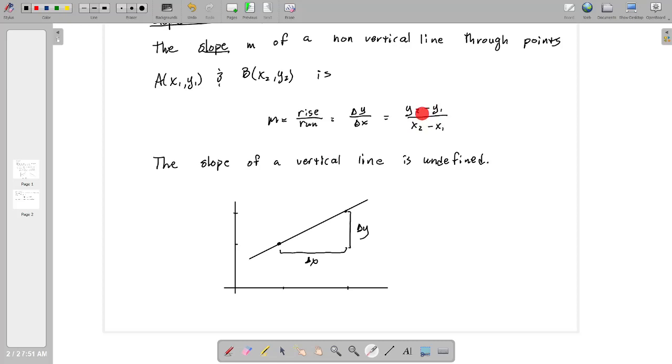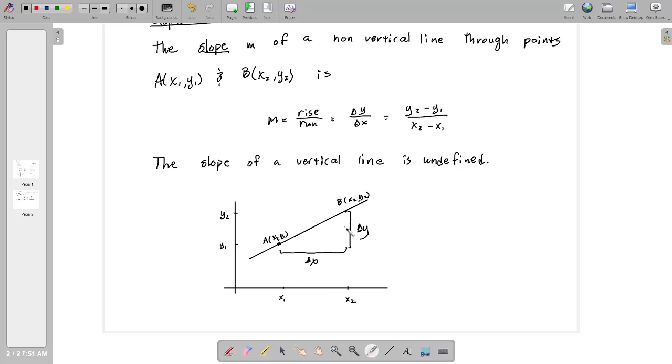They're obviously given here. But what we see is that this point A is (x1, y1), which means that this x value is x1 and this y value is y1. Similarly, we have B here, which is (x2, y2), which means that this is y2 and this is x2.